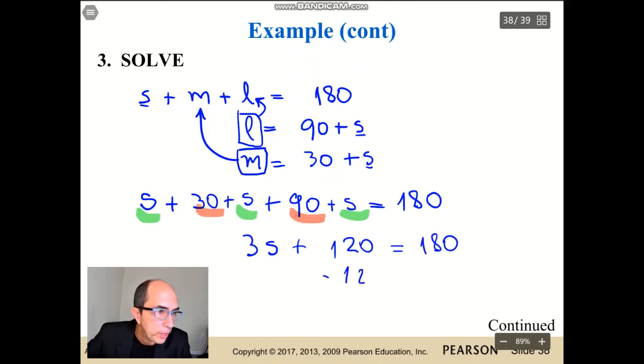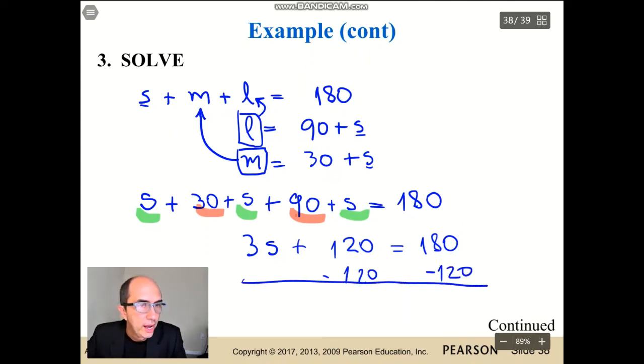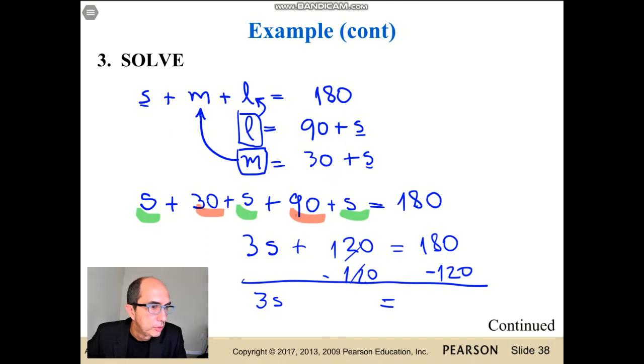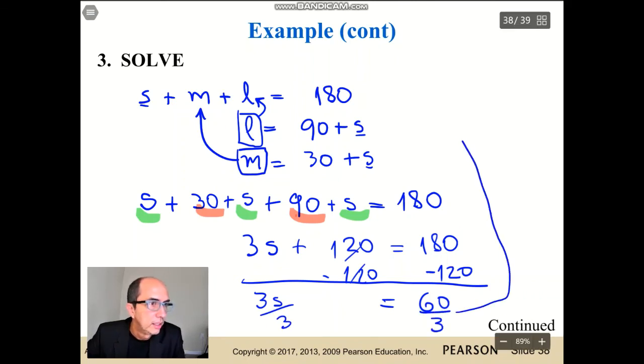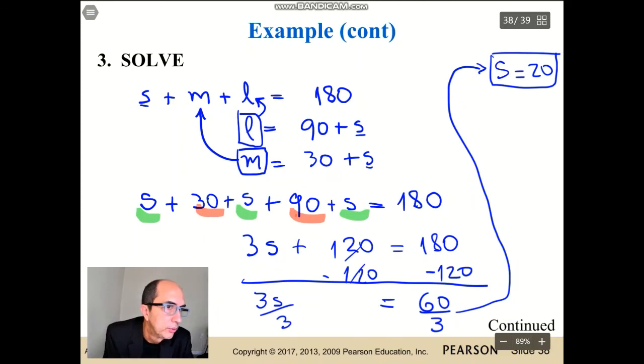Addition property: subtract 120 from both sides. Now we're going to have 3S equals 180 minus 120, which is 60. Divide both sides by 3, then S equals 60 divided by 3, which is 20. So S equals 20.